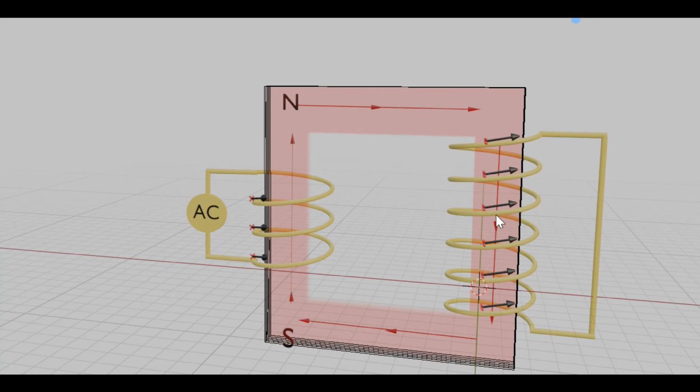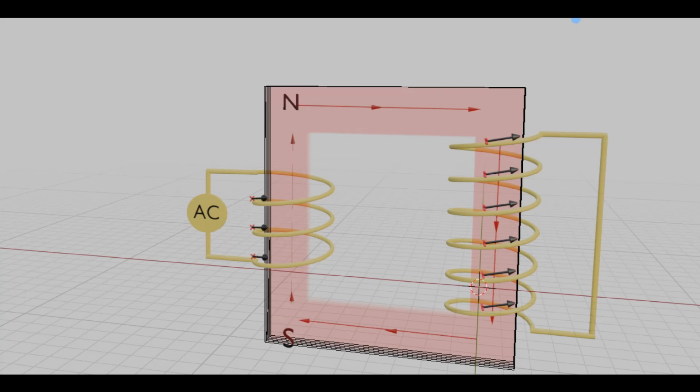It's said in a lot of different ways, but the way I like to think about Lenz's law is that whenever there's a changing magnetic field, there will always be an induced magnetic field to oppose the changing magnetic field. Now, the word induce just means to cause, be caused by. So there's a magnetic field caused by the changing magnetic field through this secondary coil.